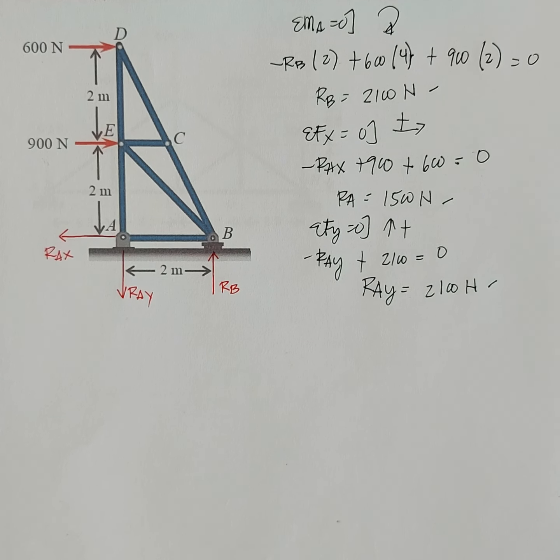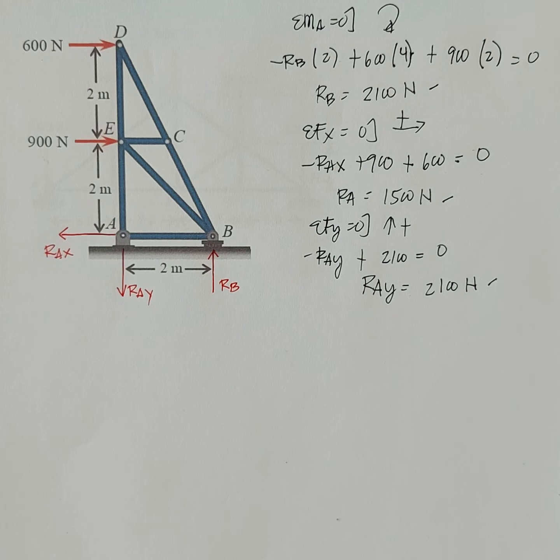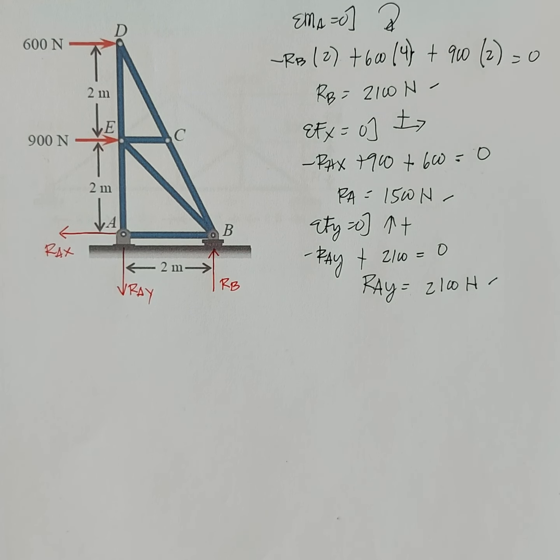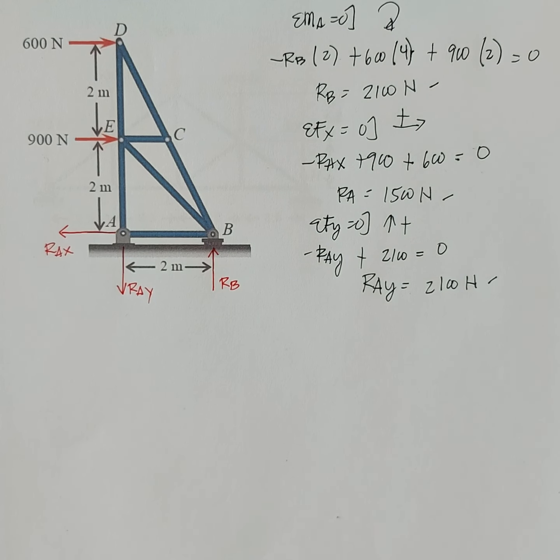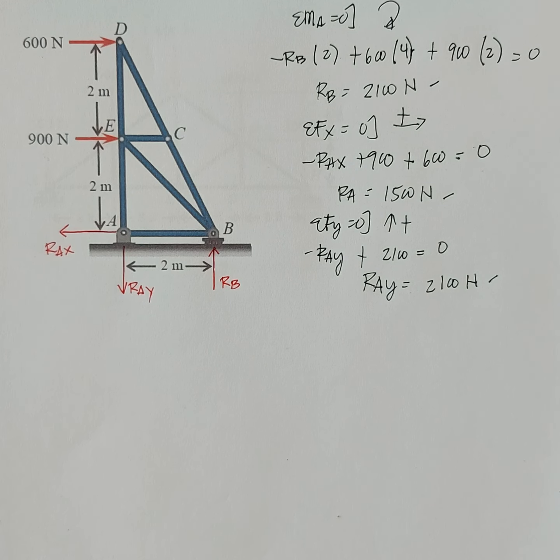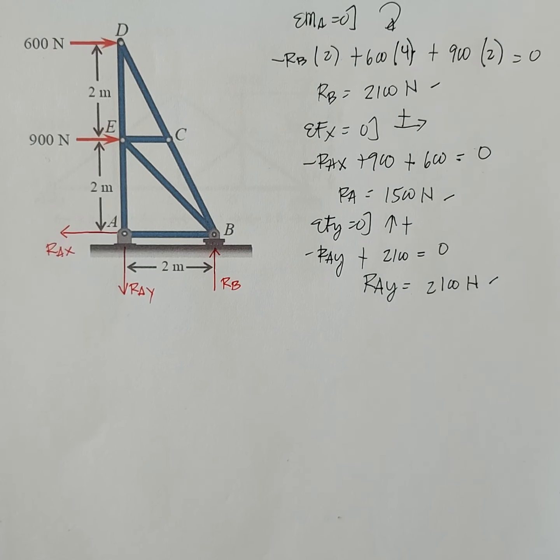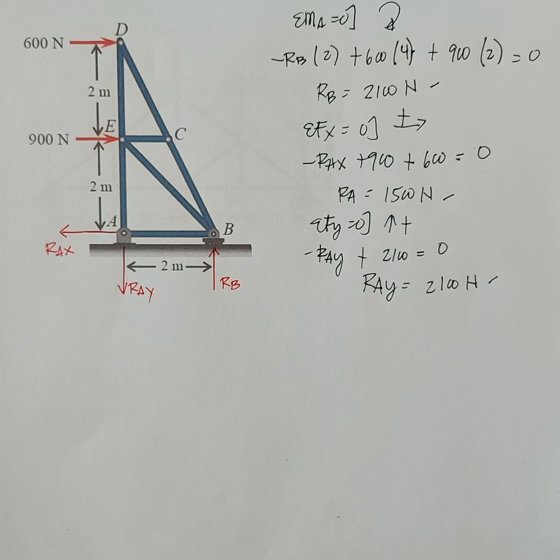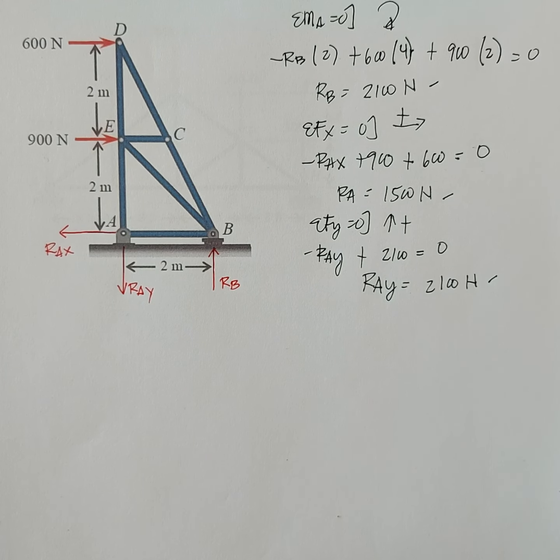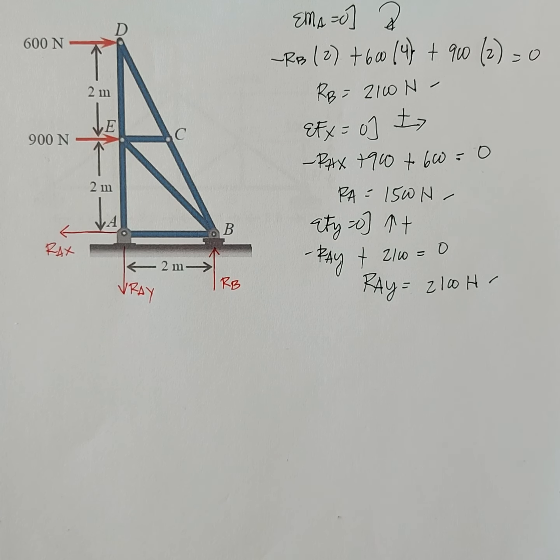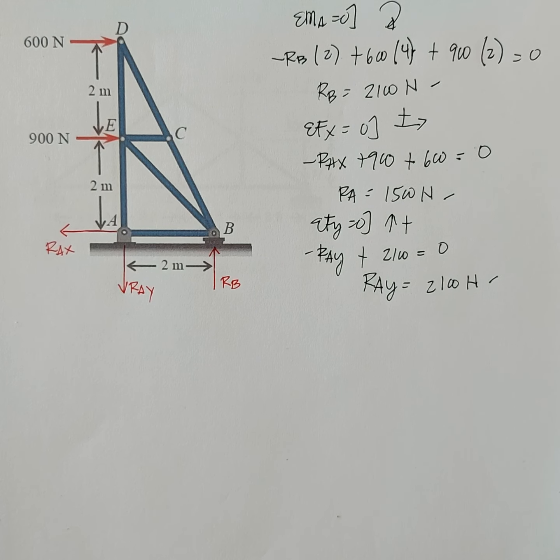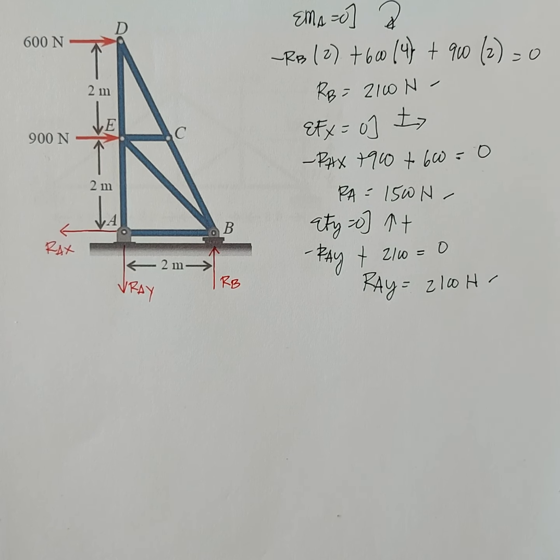Next is now, you choose a joint. Okay? Joint. Pwede tayong mag-start. Paano tayo pipili ng joint? So, since sa method of joints, we can only use two equations or conditions of equilibrium. That is, summation of forces along x-axis equals 0 and summation of forces along y-axis is equal to 0. We have two equations only. No?